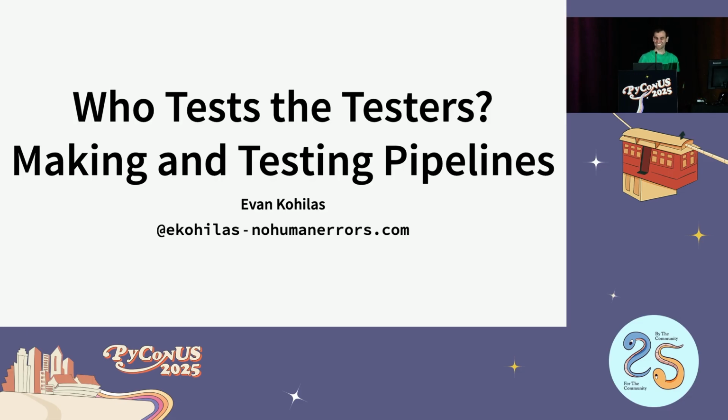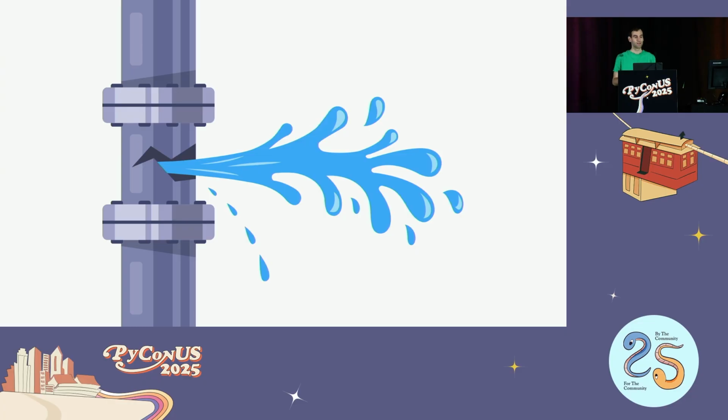All right, so as you may have heard, I'm Evan, and I've dedicated a fair bit of my time on platform software engineering that reduces human errors through things like working on pipelines to run tests for our code base. However, I noticed that I myself made quite a few errors.